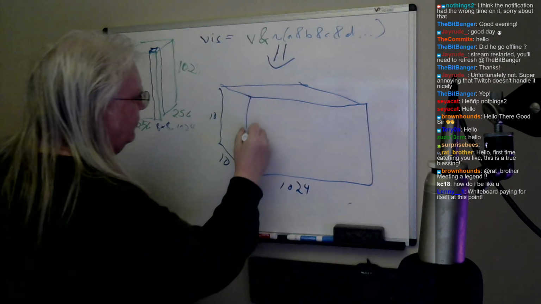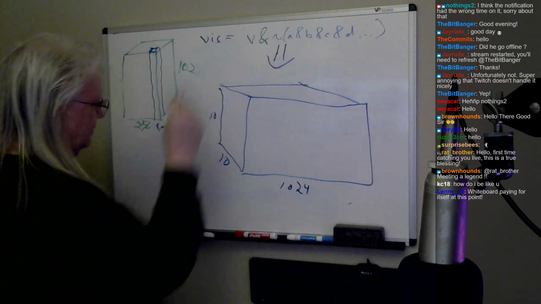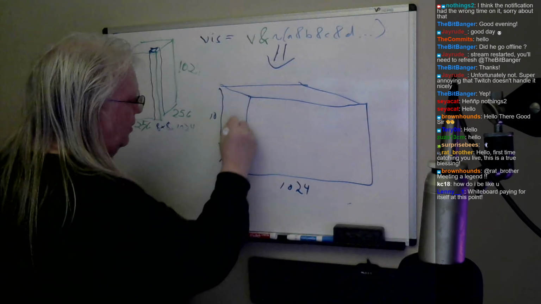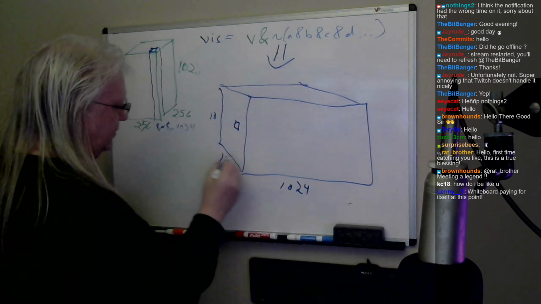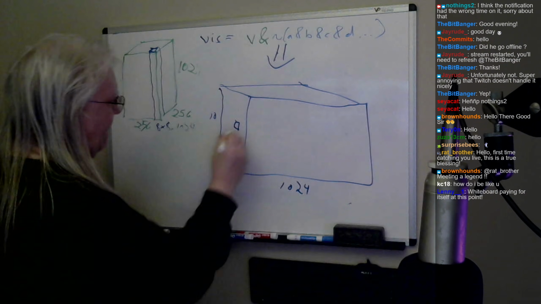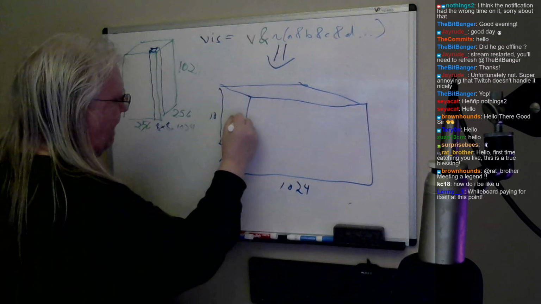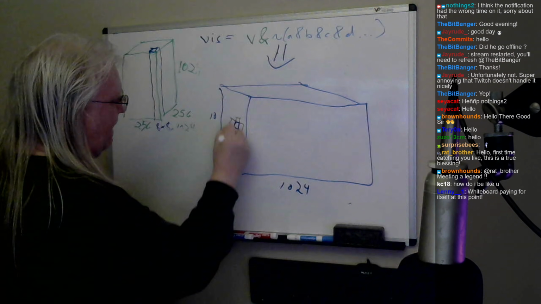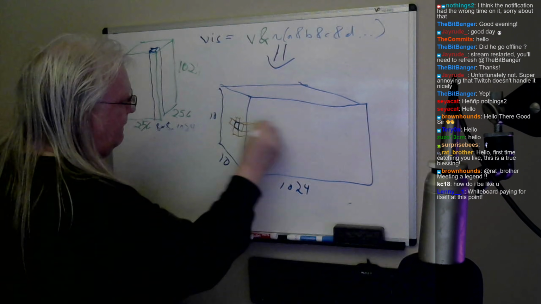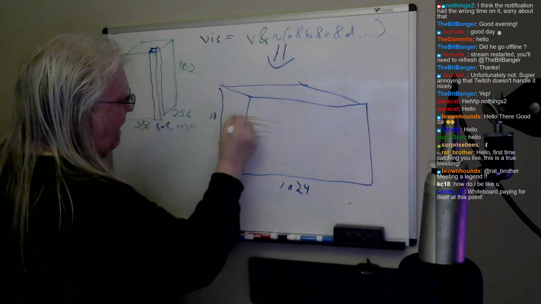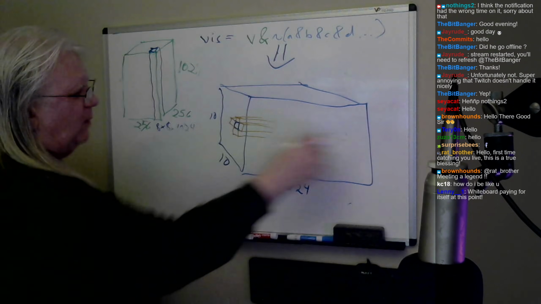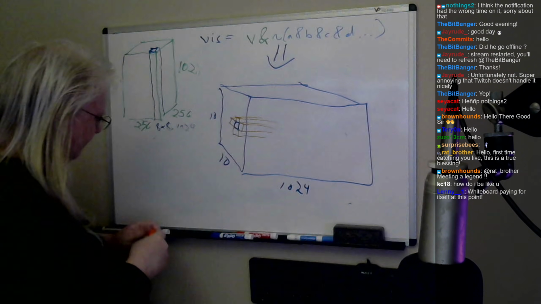Now remember, the way we're using it, there's a column in here, and we're looking at its neighbors. We're using these multiple columns in here to look at their neighbors.